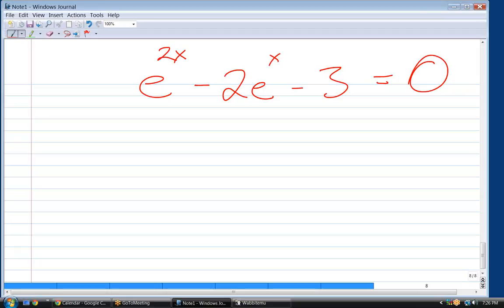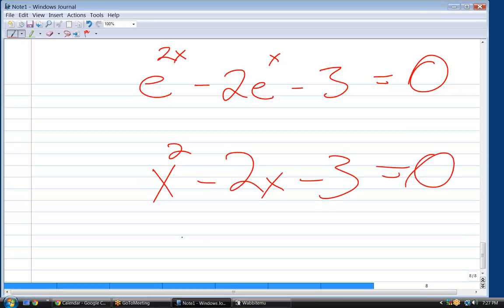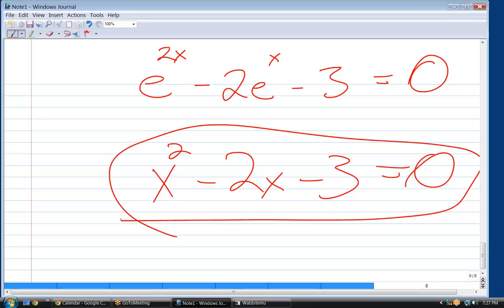What we are looking at here is a quadratic in e. In other words, we're used to quadratics looking like this. Right? If I gave you this problem, you'd merely factor it into x minus 3 times x plus 1 and solve it that way. Correct?